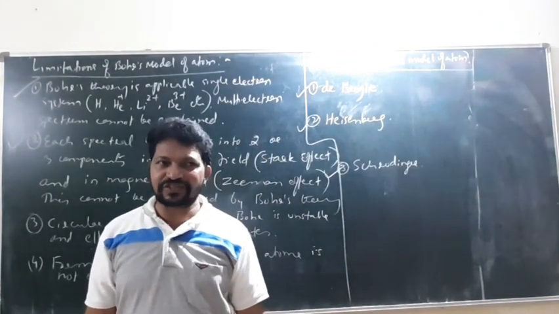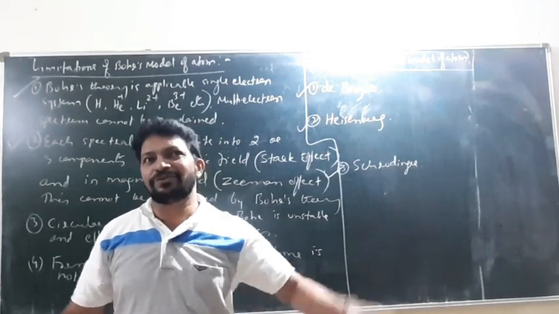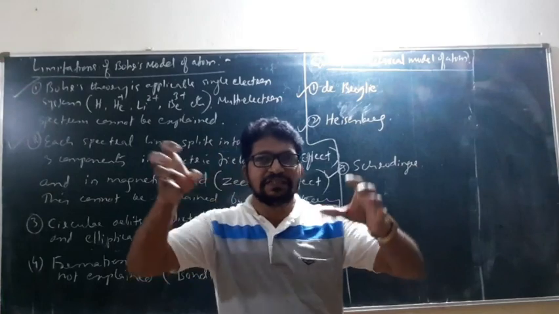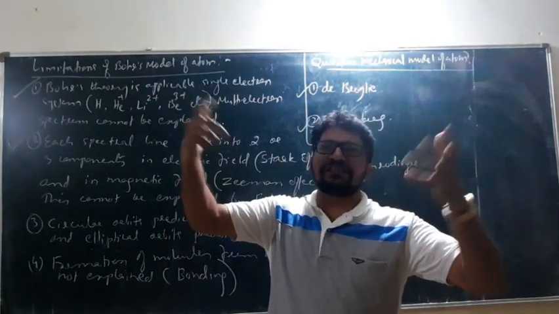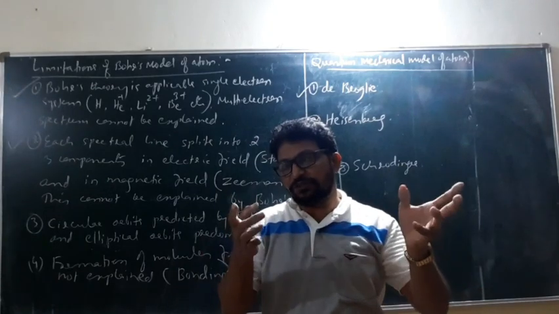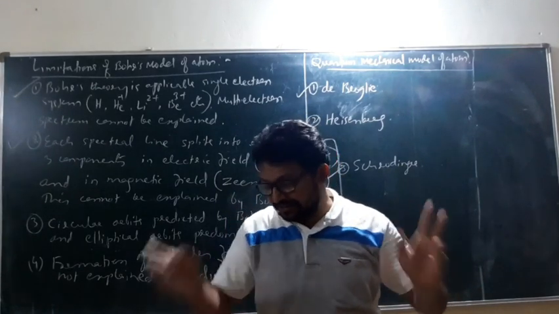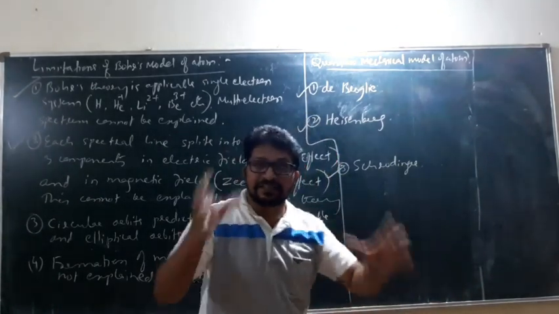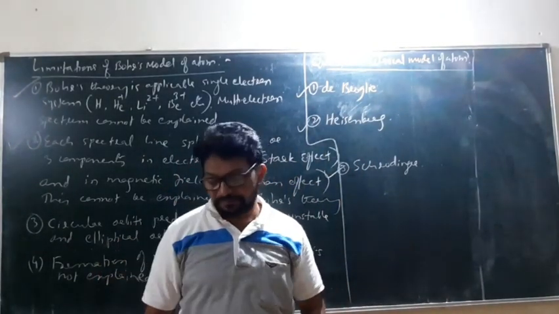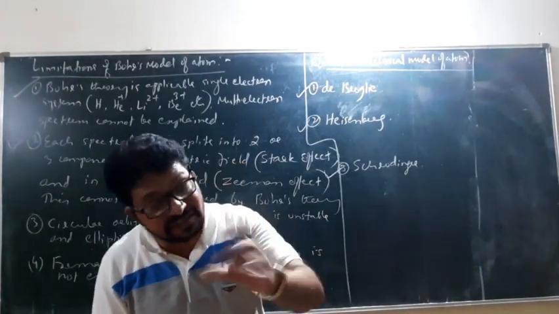What are the predictions and what is the final conclusion? See, 2 things I should tell you. One is the distribution of the electrons around the nucleus with respect to the probability of finding the electron, its position. And another thing, its velocity. And another thing, its energy.